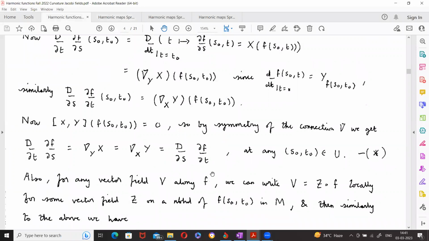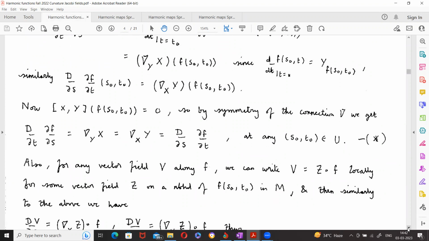Okay. So we get that this property holds if f is an embedding, D/∂t of ∂f/∂s is equal to D/∂s of ∂f/∂t. Okay.